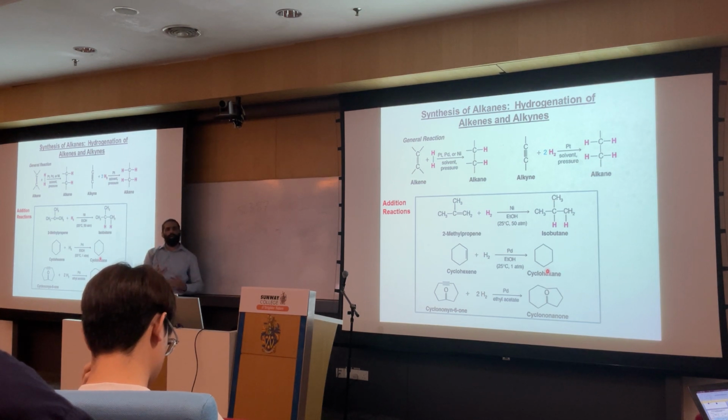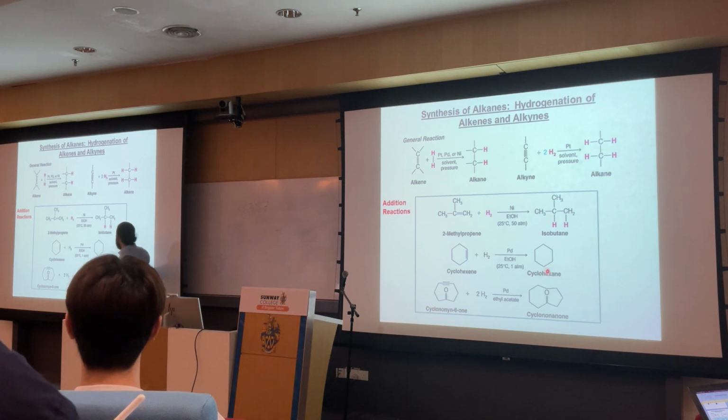So this is one way of synthesizing alkanes by utilizing addition reaction. For that you can use alkenes as well as alkynes. These are some specific examples which are taken from literature, so don't get confused by this fancy structure. This is just an example taken from literature.